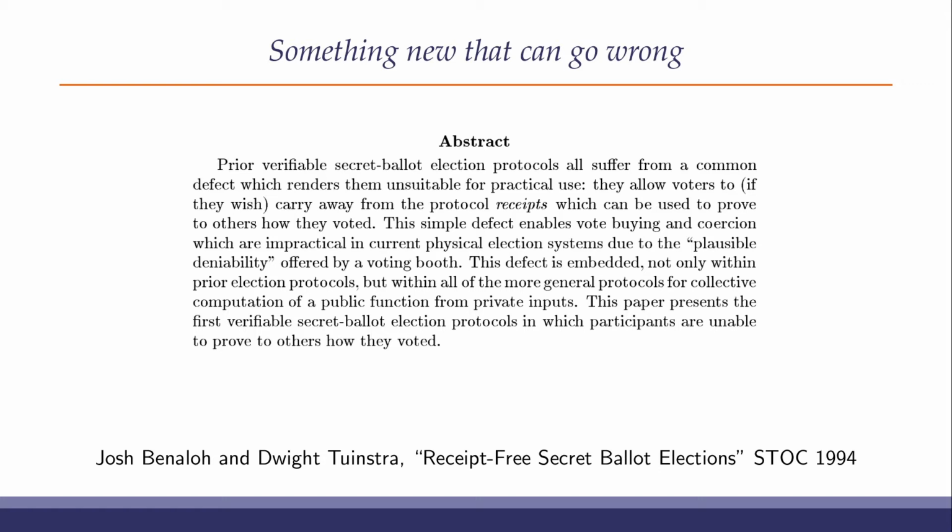Not only that the system doesn't expose your vote without your consent, but also that you cannot prove how you voted, even if you want to. And that's critically important for avoiding both voluntary vote selling and also coercion to vote a particular way. So in some ways, this is really the first paper about voting, because it's the first paper to come along and say, here's a really specific problem that really only applies in the specific context of elections.